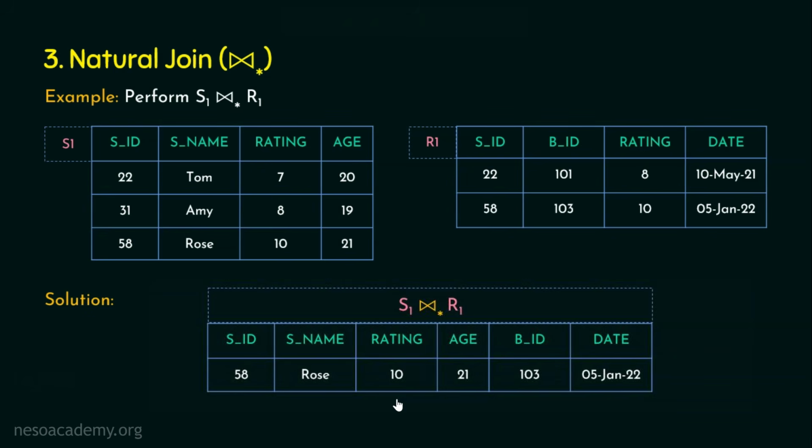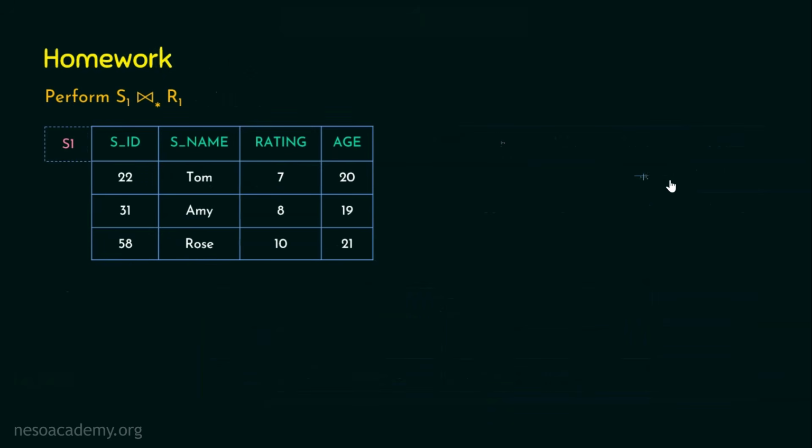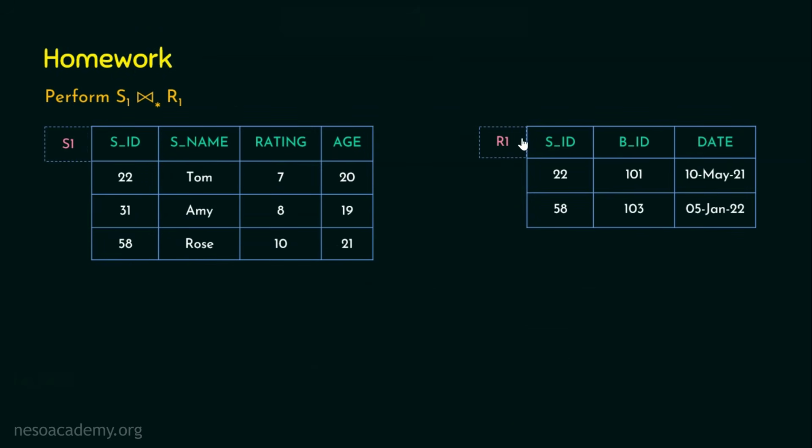Just pause this video for a while, and my question is, if you don't have an attribute called rating here, then how many common attributes are there between S1 and R1? Just contemplate, there is no attribute called rating. So what I am talking about is in R1, we don't have rating as one of the attributes, but the only matching attribute is SID and SID.